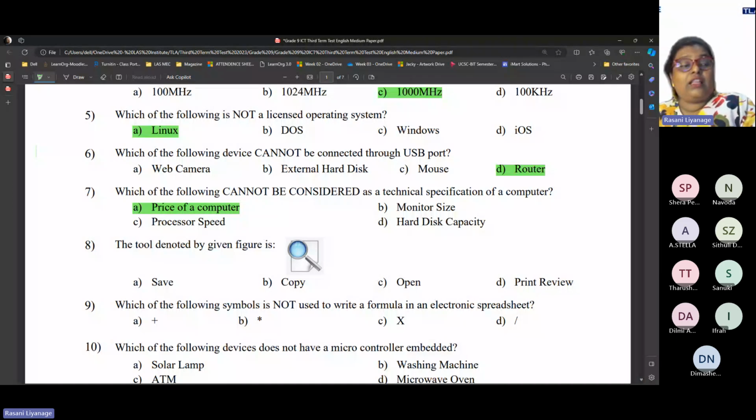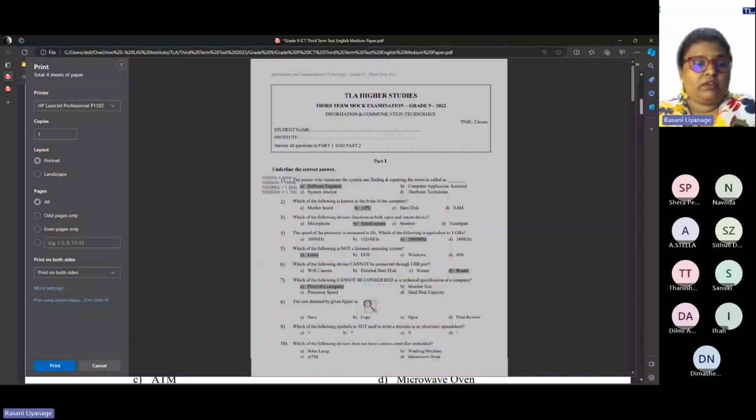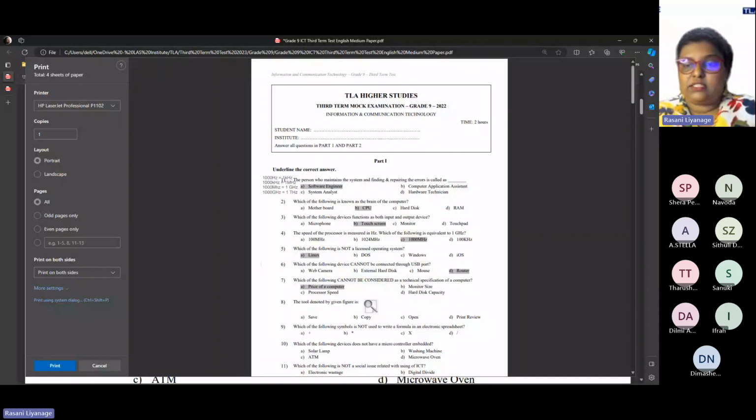Remember, the magnifying glass alone is find, but magnifying glass with the page would be print preview. I'm not too sure whether they will show that up here. Right, print preview.